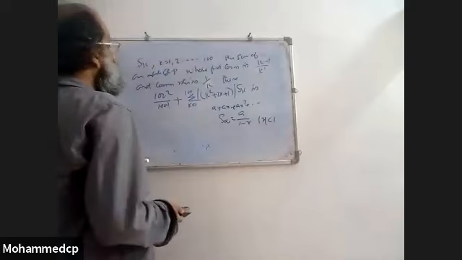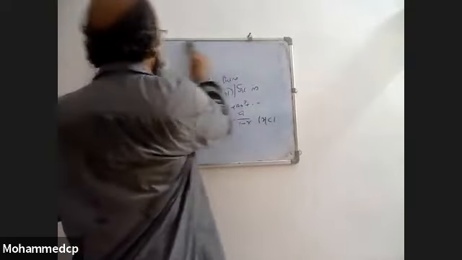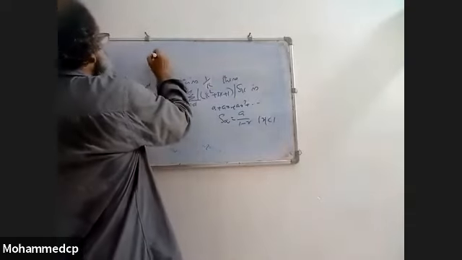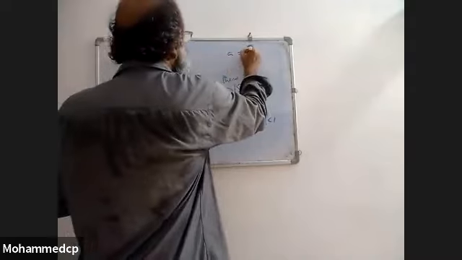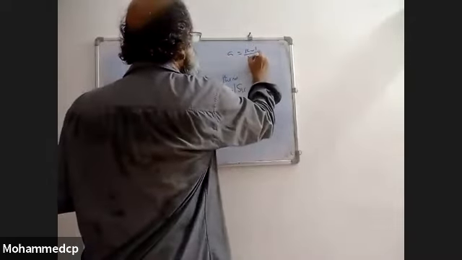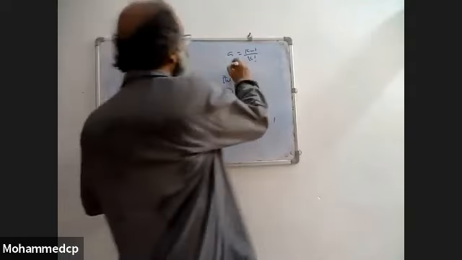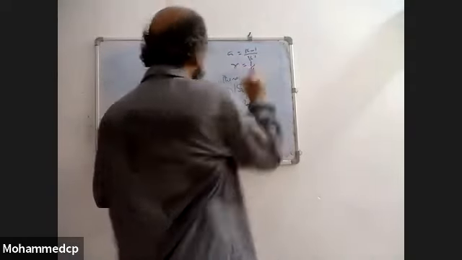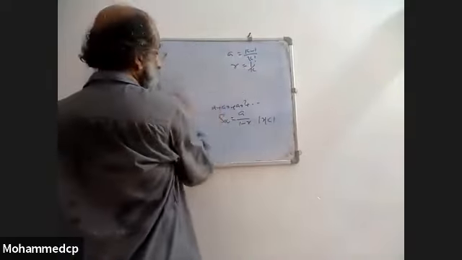Sk denotes the sum of the kth geometric series. Its first term is k minus 1 by k factorial, and R is 1 by k. So what will Sk be?